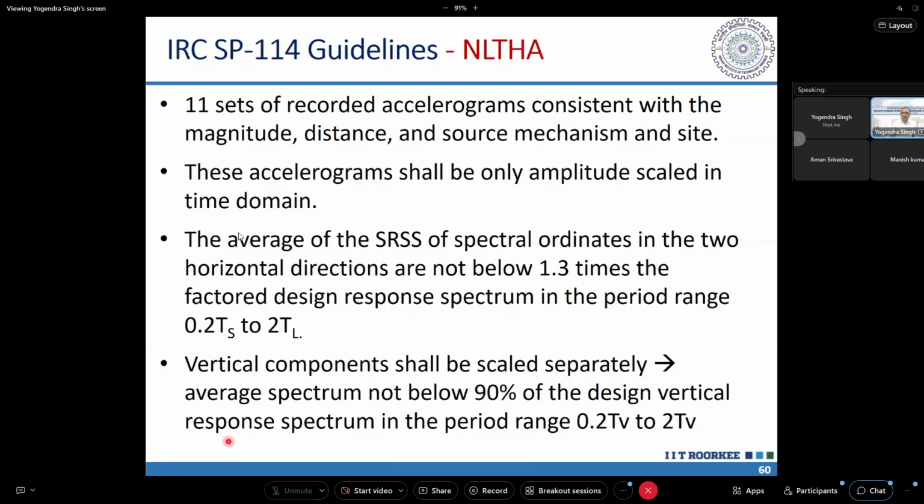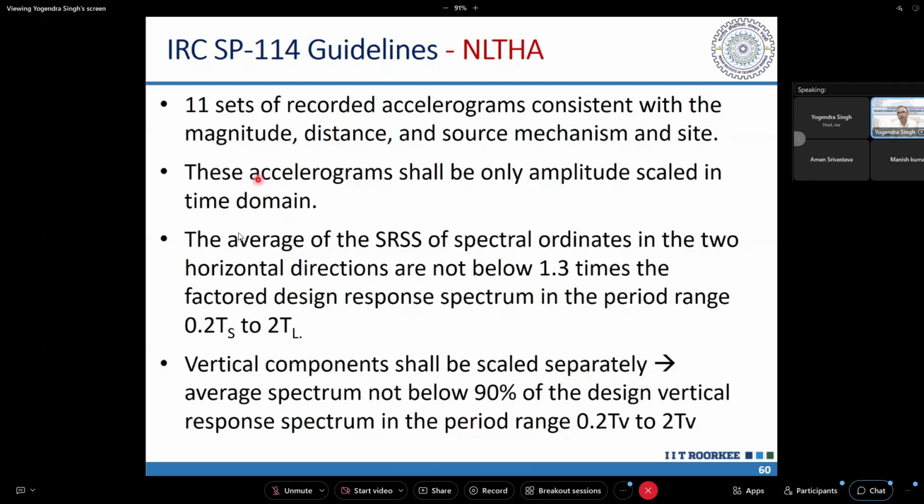Am I right? You could not hear. Yes, sir. In this slide I think only, this LTHA you have heard. We couldn't hear NLTHA. NLTHA. So I will talk about NLTHA again.